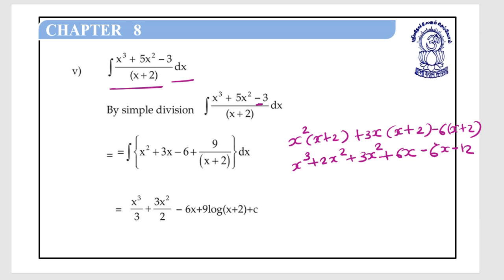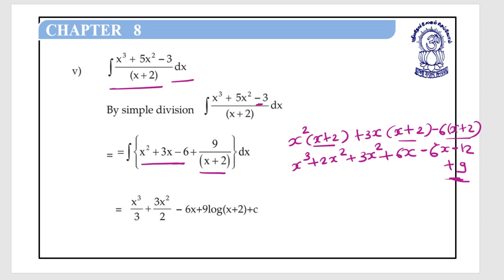Here we require minus 3, so plus 9 is added. Okay, so you can write x square plus 3x minus 6. Take x plus 2 common from this. So you can write x square plus 3x minus 6 plus here 9, so 9 upon x plus 2 dx.